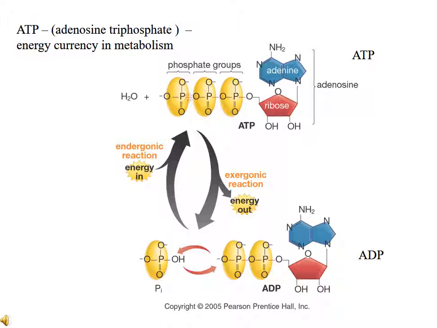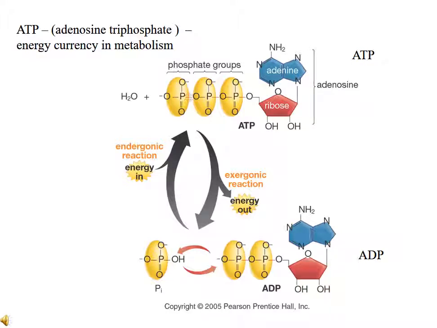So, what happens is the energy from a chemical reaction comes in and glues basically the phosphate group to the two phosphate groups, forming ATP. So, in the endergonic reaction, energy is taken in and ATP is produced. So, ATP and ADP go back and forth depending on the circumstances and the nature of the energy that surrounds a given system.